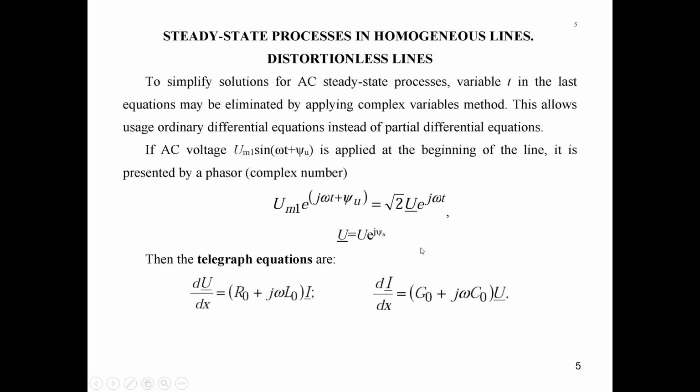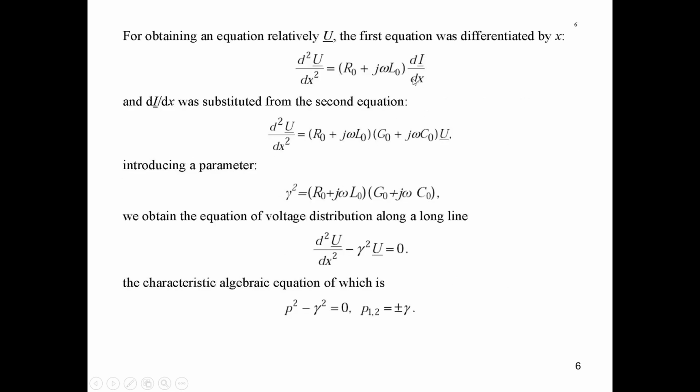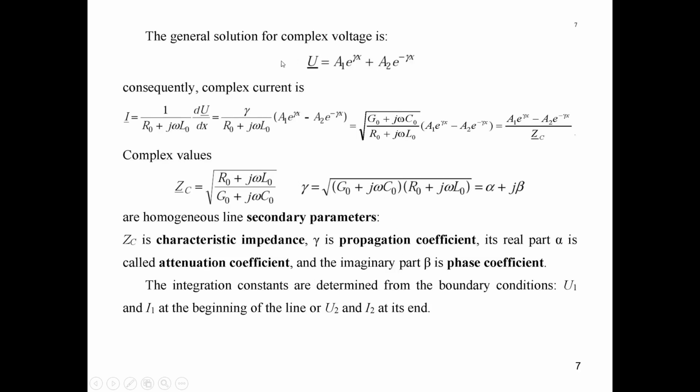equations which depend only on coordinate x, and in such a case we are able to get solutions for voltages and for currents through the so-called secondary parameters: characteristic impedance and propagation coefficient gamma, which consists of a real part, the attenuation coefficient, and an imaginary part, the phase coefficient.